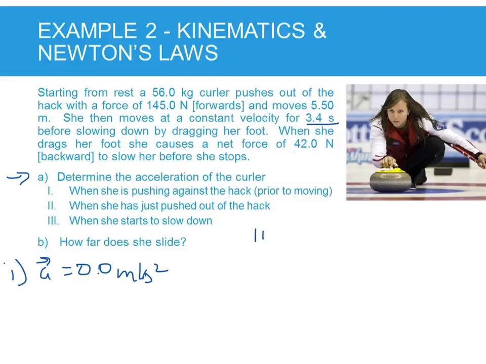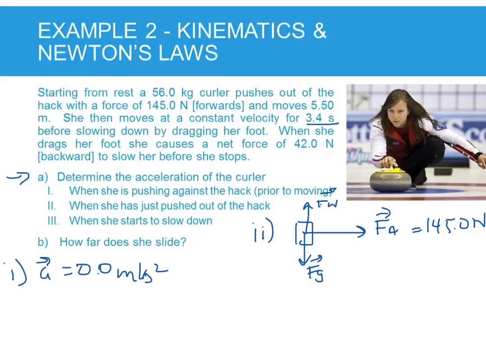For the second part, she is just pushed out of the hack. So let's draw that free body diagram. She's not floating, so we have Fn and we have Fg, and then we have our applied force. And our applied force is 145 newtons. Okay, so she's going forwards.